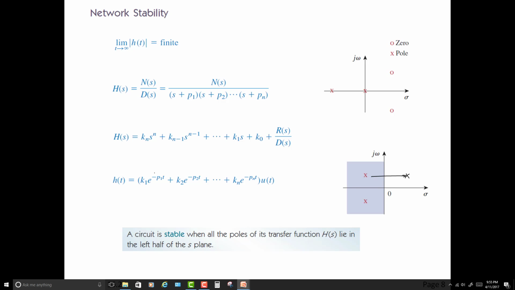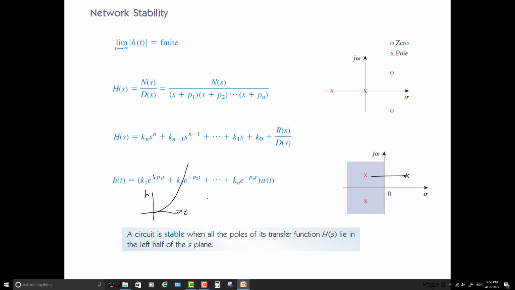What happens to this? This has a positive on it. And what happens to an e to the positive? The time response is going to be like this, if this is time and this is h. So that is not going to converge to a finite value. So a circuit is stable when all of the poles of the transfer function lie in the left-hand plane. And this is something you can detect by observation.